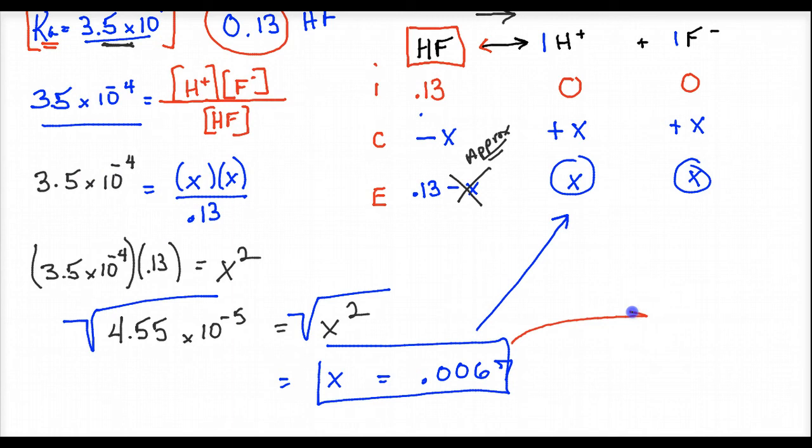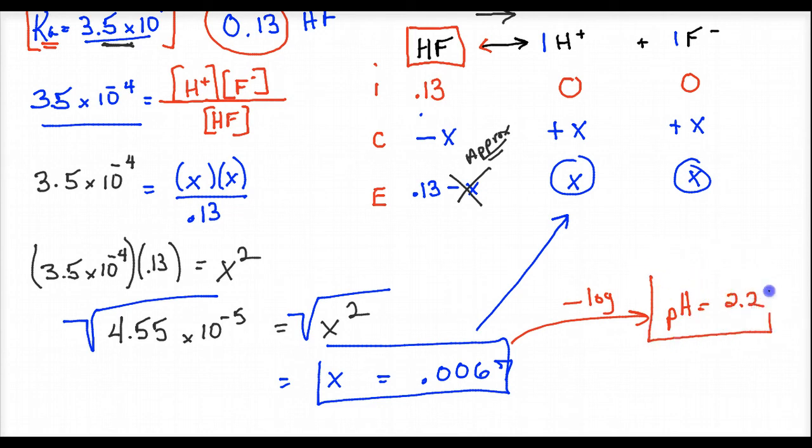So you do negative log of your H plus ion concentration, which is what this is. And what I get for a pH is 2.17. And I guess we're doing 2 sig figs, so 2.2.